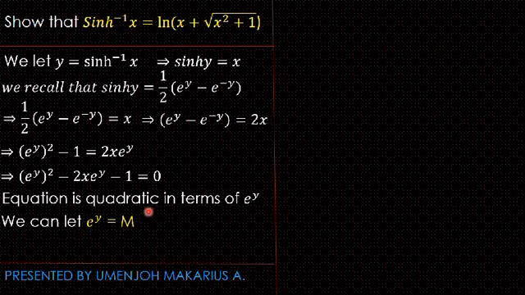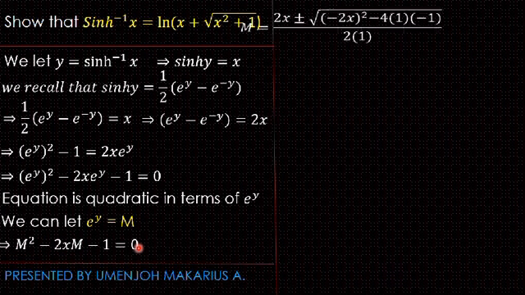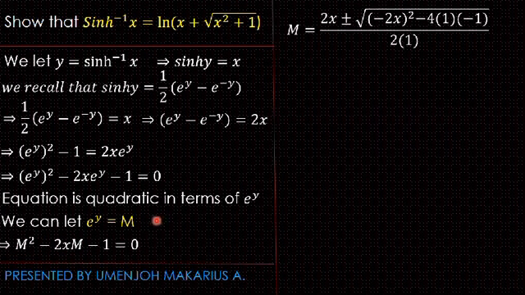Alright, now guys, if we substitute everywhere we see e raised to the power y by m, we are simply going to have m squared minus 2xm minus 1 equal to 0. So we see that this is a quadratic equation which we can easily solve using the quadratic formula, which says that m in this case is equal to negative b.